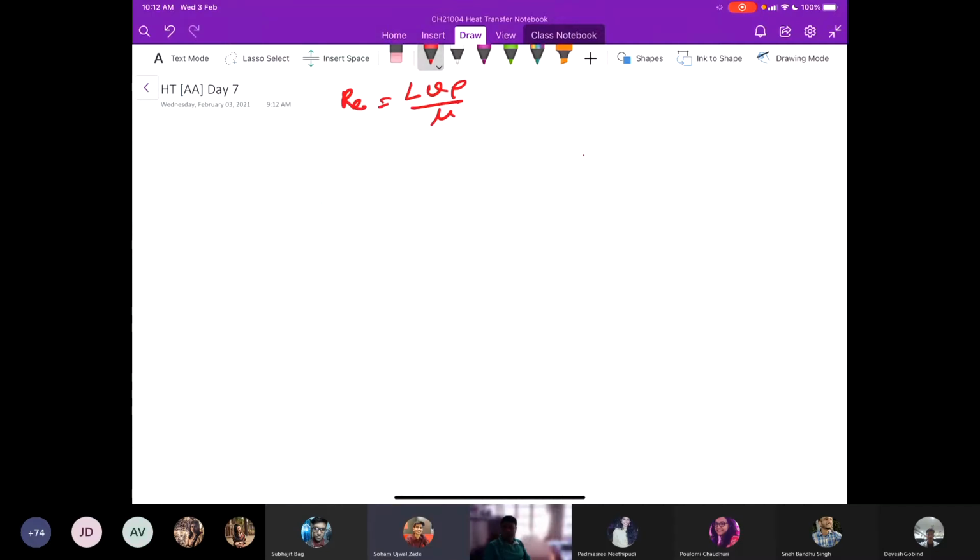Then the result doesn't depend on various parameters. For example, the Reynolds number depends on density, velocity, length, etc. But if we make it dimensionless, then we just have to worry about, let's say, maybe geometry only.